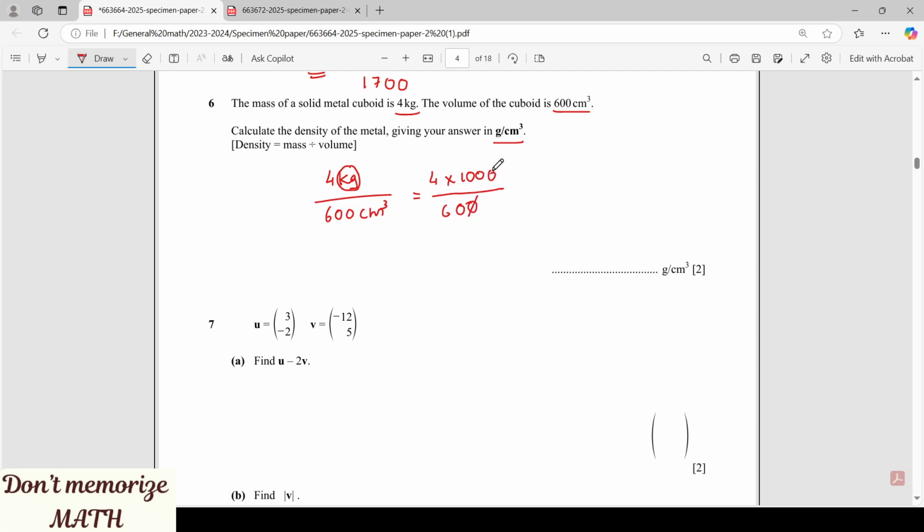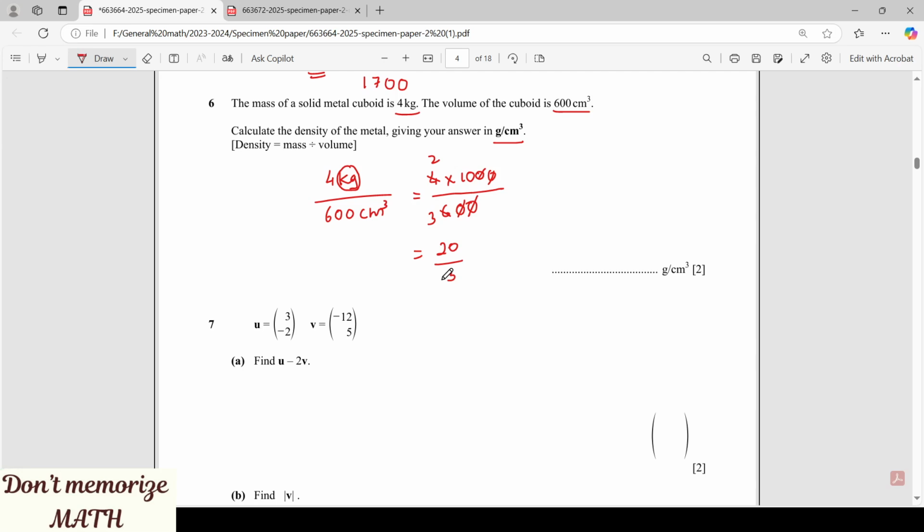I am cancelling 2 zeros. Then 4 and 6 are both multiples of 2, so divide both of them by 2. You can simplify it, it will become 20 over 3. Actually this answer is an improper fraction, right? So we cannot write the final answer as an improper fraction.